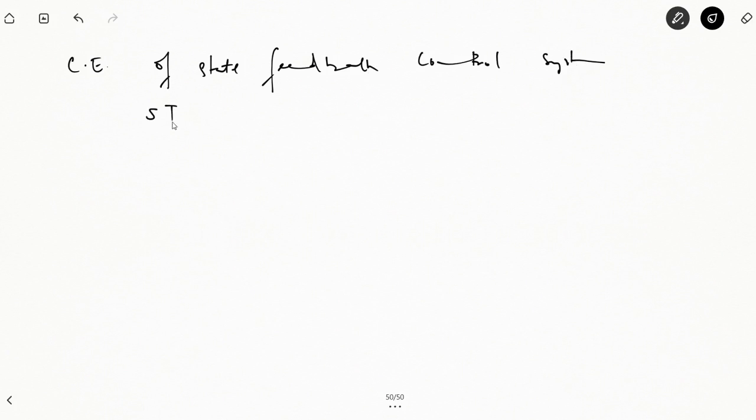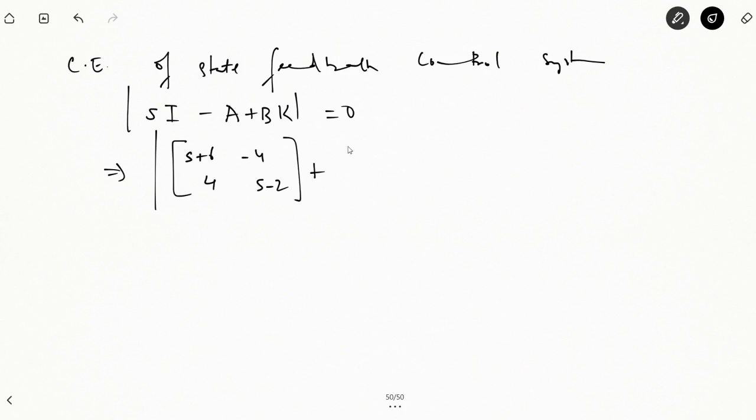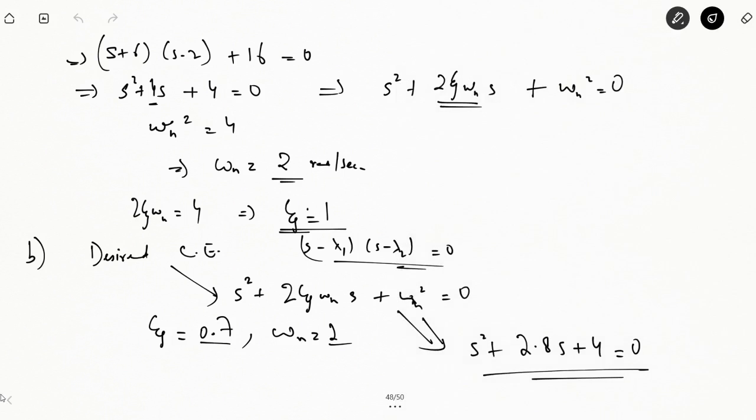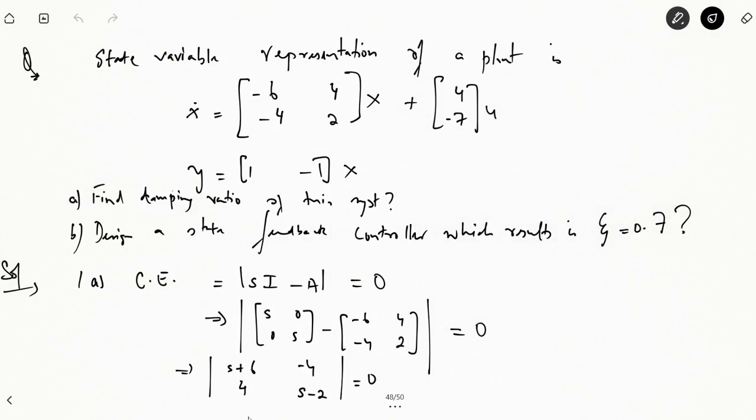The characteristic equation of the state feedback control system is determinant of sI minus A plus BK equal to 0, where sI minus A is [s+6 4; -4 s-2], plus BK. We already found sI minus A here.